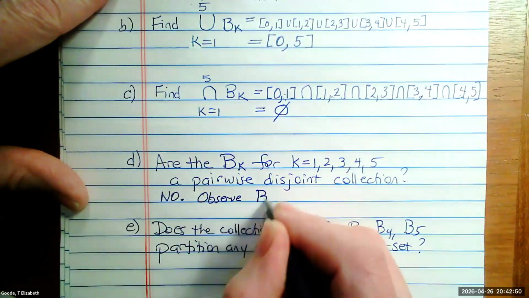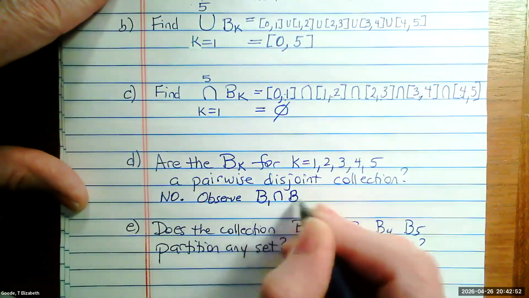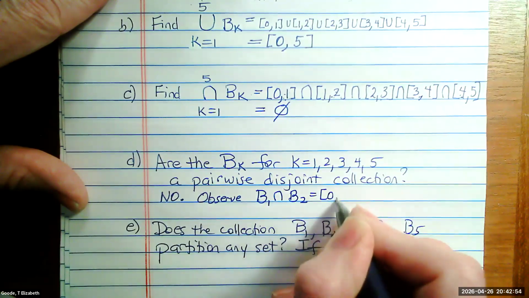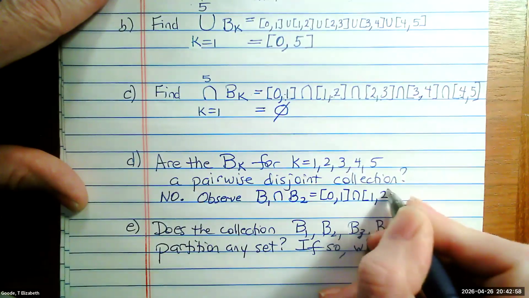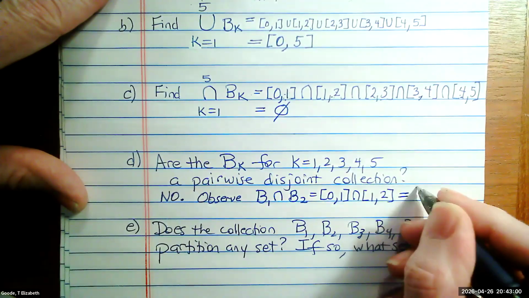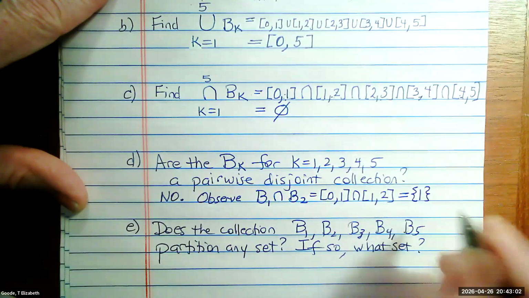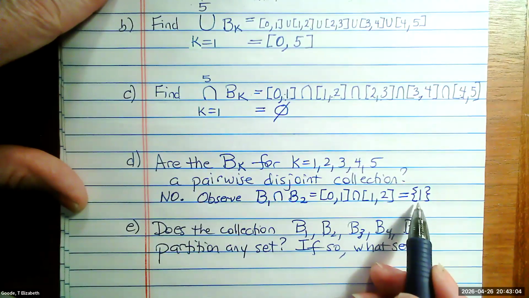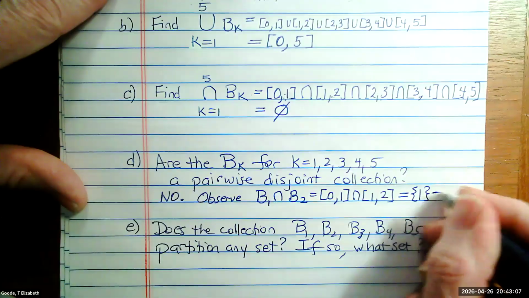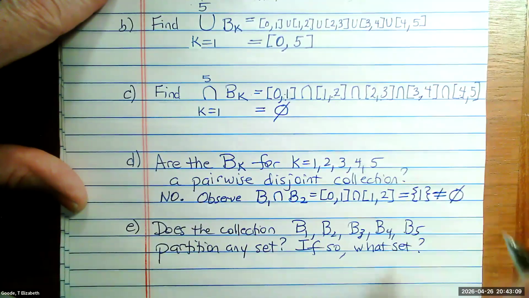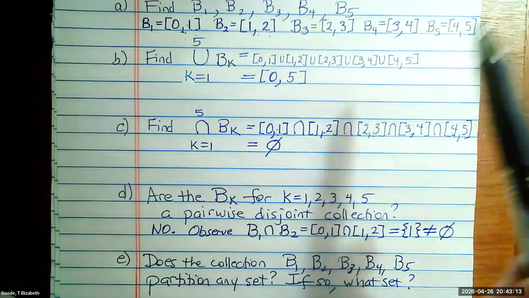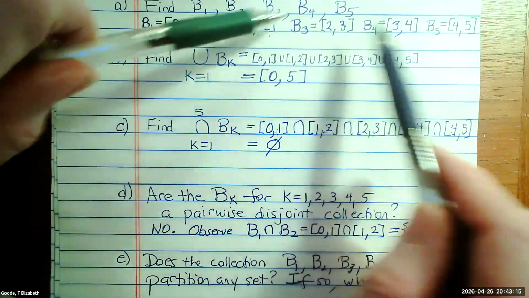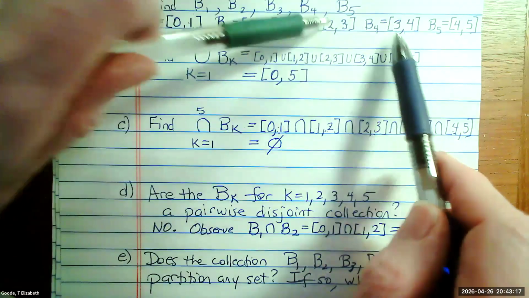Observe B1 intersect B2, which is [0,1] intersect [1,2]. There is something in that intersection, namely just the number 1, the singleton set with 1 in it. And that is not empty. For it to be a pairwise disjoint collection, you have to be able to pick any two at all and never get anything in common.